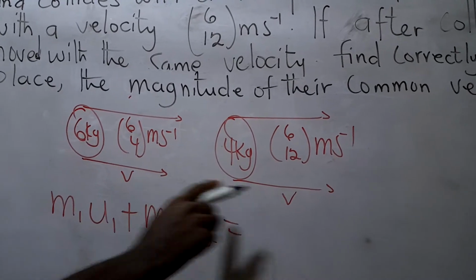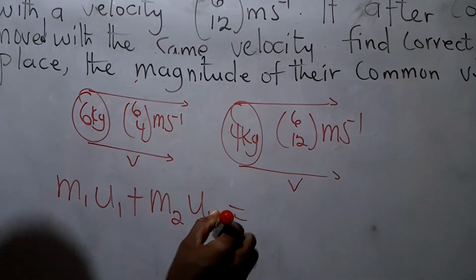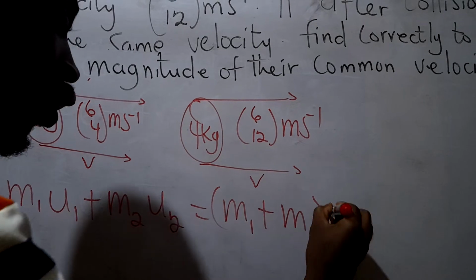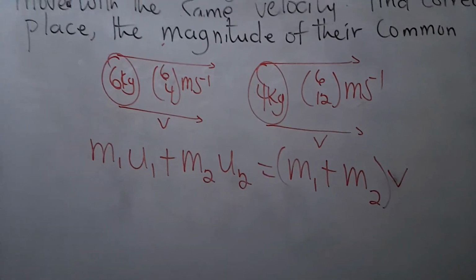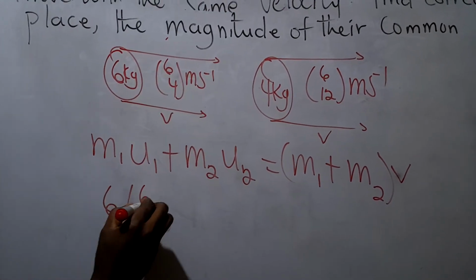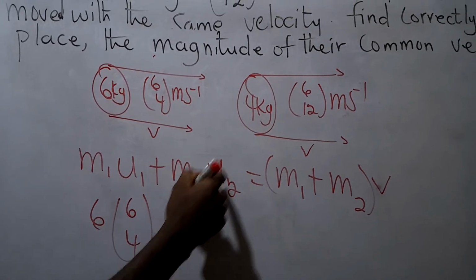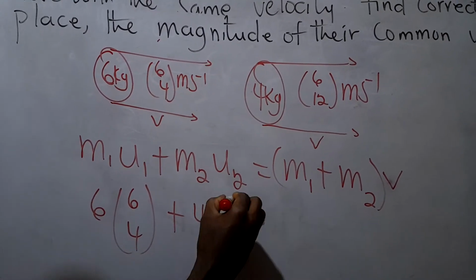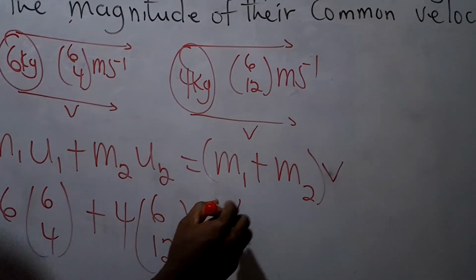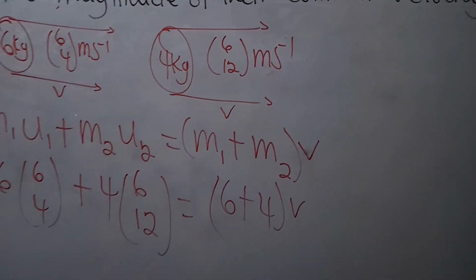In this case, since they move with a common velocity after collision, we can say (m1 plus m2) times v, if you remember. So our m1 here is 6 times the initial velocity of the body, 4, plus our m2, which is 4, times the initial 12, will be equal to m1 6, m2 4 times our common velocity.